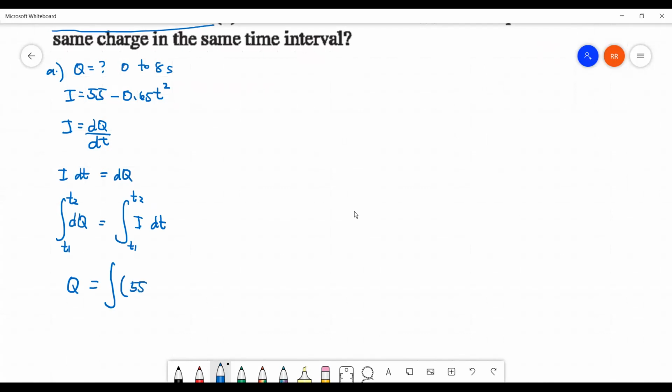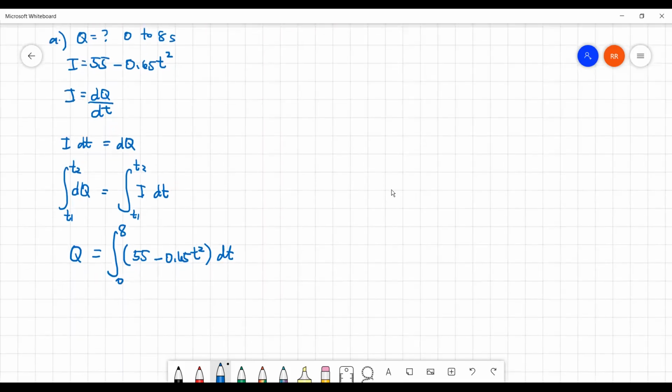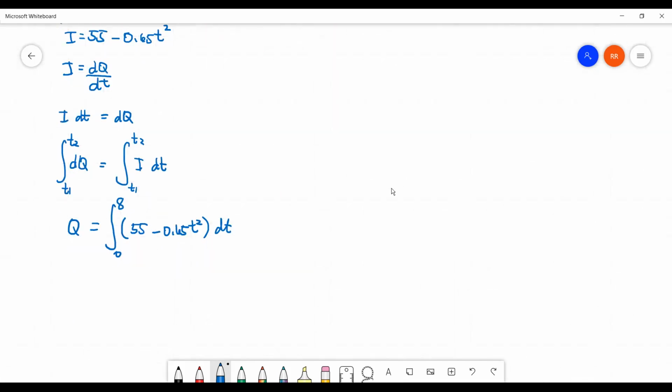This is 55 minus 0.65 t squared dt from 0 to 8. Okay, so this is just a simple integration on your part, right? So this becomes, therefore, 55 t minus 0.65 over 3 t cubed. And this is from 0 to 8.